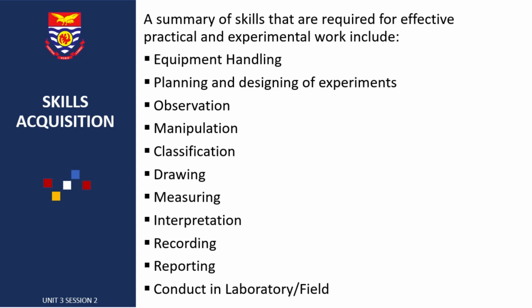The next one is observation. Some students don't know how to observe specimens. When you say they should observe the posterior view, they will be looking at the anterior view.